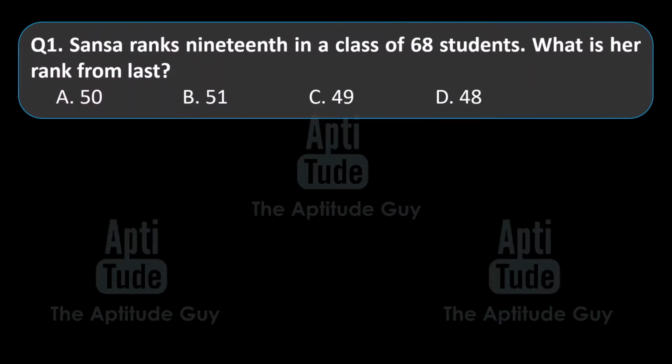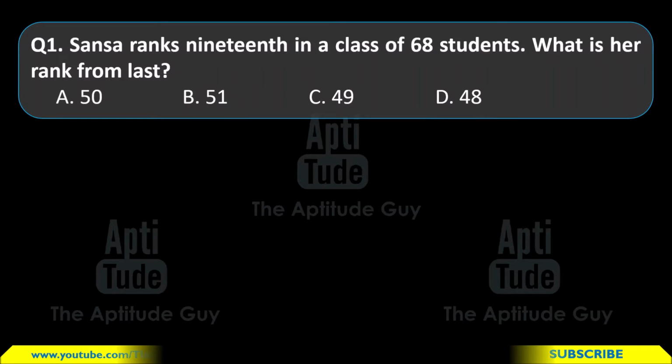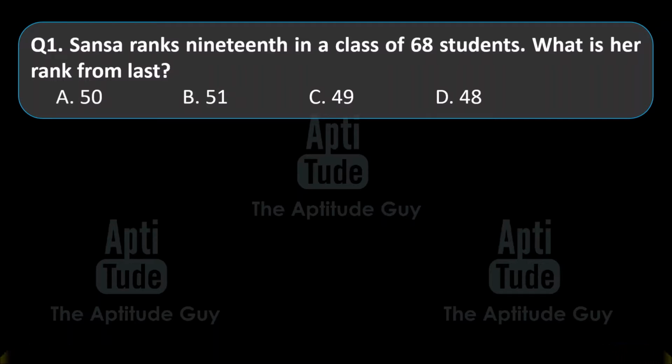Now before I teach you the basics of ordering and ranking, please try to solve this question and have the answer in your mind. Pause the video, try to solve it and have the answer in your mind. We'll solve it in some time. Alright, I hope you are done with it.